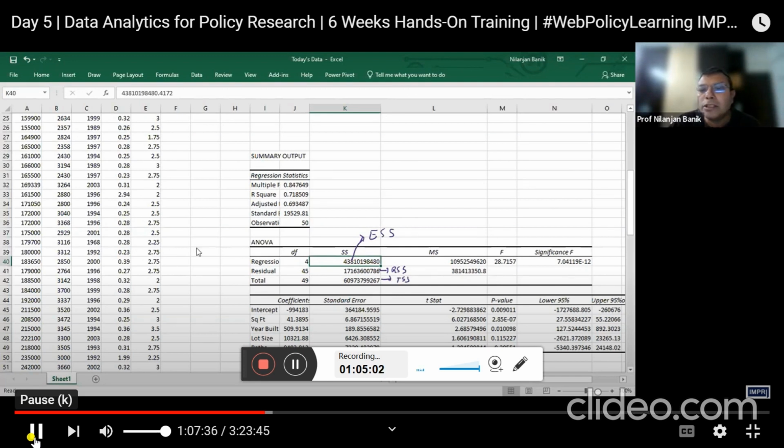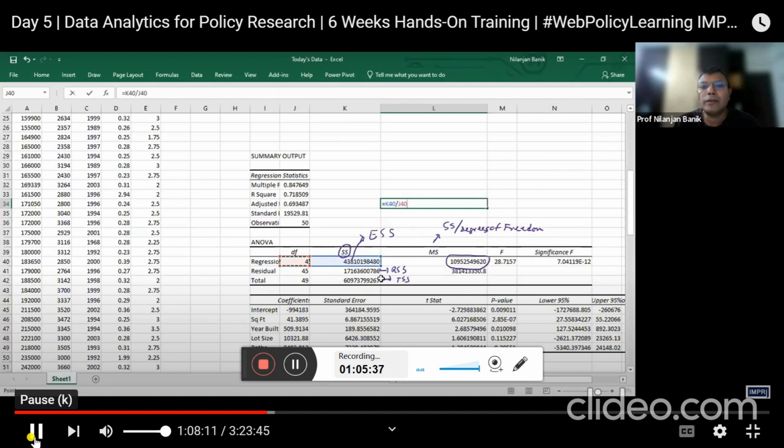Now, this number is called mean square. This number you are getting, if I'm dividing SS with the degrees of freedom, is what I get. You can check it yourself. For instance, if I'm dividing this over this, I get 1095, you get the same thing.